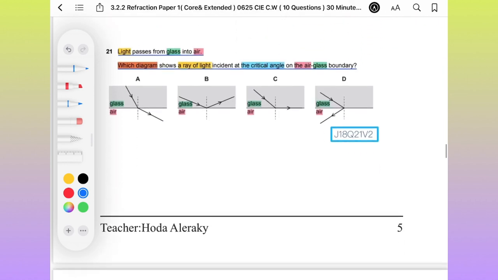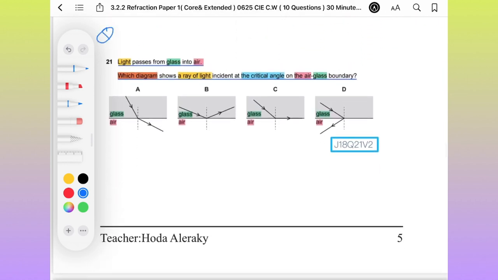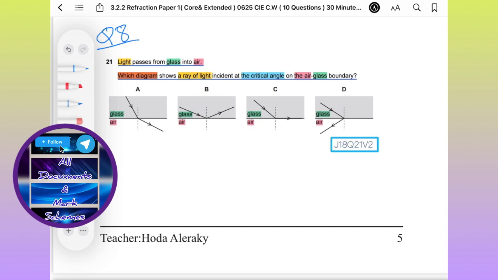Okay, question number 8, which diagram shows a ray of light incident at the critical angle on an air glass boundary? Here, incident at the critical angle means angle of incidence and critical angle, if you compare, they are equal to each other.